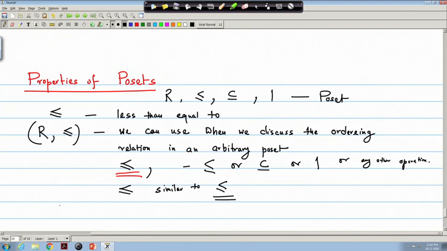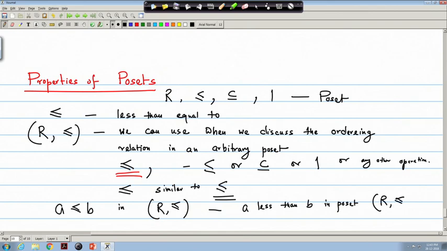Okay. So, if I write A B, that means in a poset R we will be saying A is less than B in the poset R. Okay.